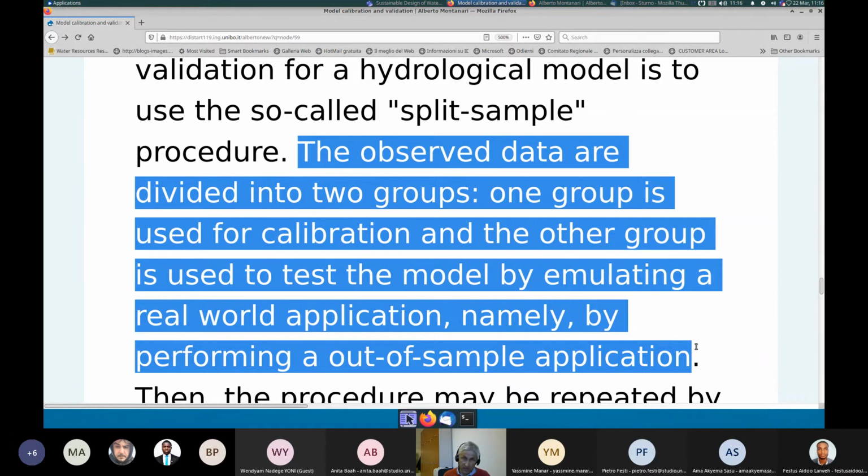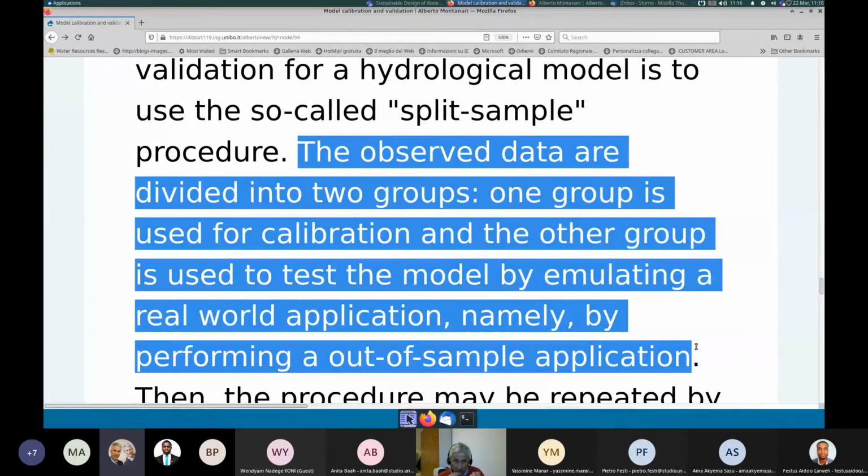It is clear that you want to test the model with respect to an out of sample situation. Good. What is the disadvantage? The disadvantage is that you are not using part of the data for calibration, because if you have 10 years of data and use only 5 years for calibration, then you are missing the advantage of using the other 5 years for calibrating the model.